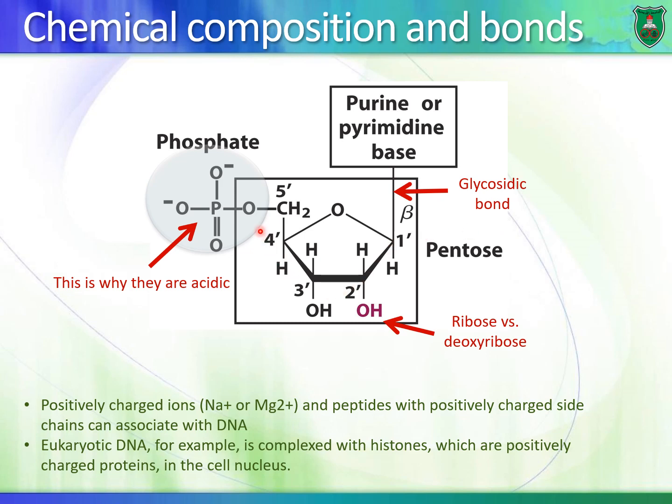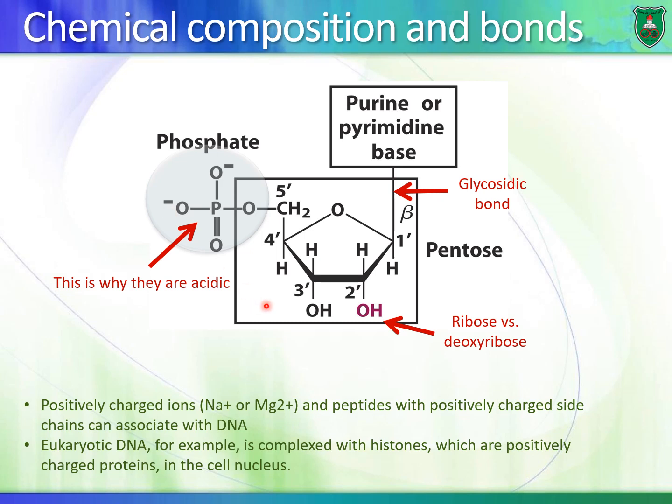And then on the other side, you have a phosphate group attached to carbon number 5. Overall, this molecule is acidic because of the presence of a phosphate group, which is negatively charged. So the whole molecule of nucleic acids is a highly acidic molecule.